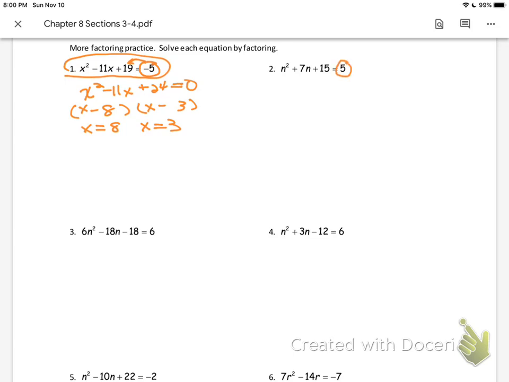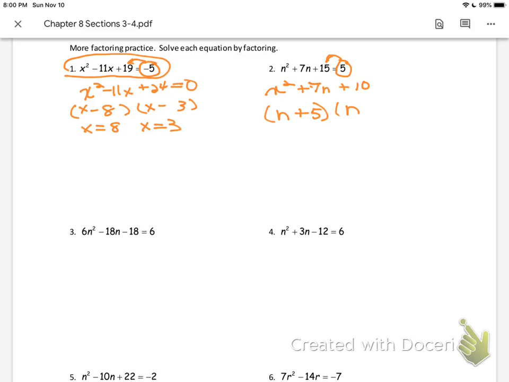So again, bring this over. So I end up getting n squared plus 7n. I bring over minus 5. I have a plus 10. So that's going to be n plus 5, because 5 and 2 are going to do it. And n, sorry, I'm just thinking about x's, and I have to fix this too.